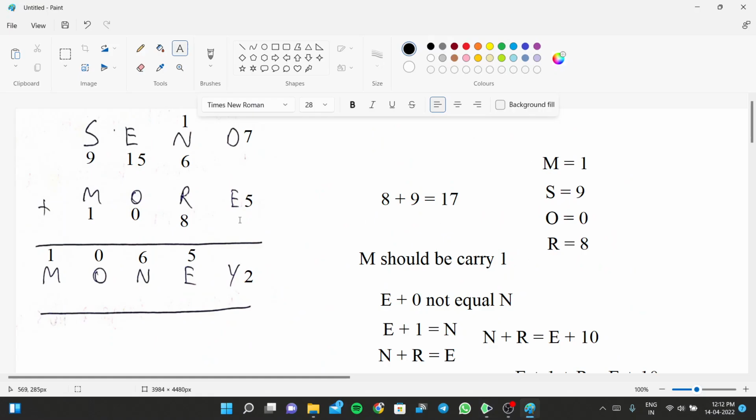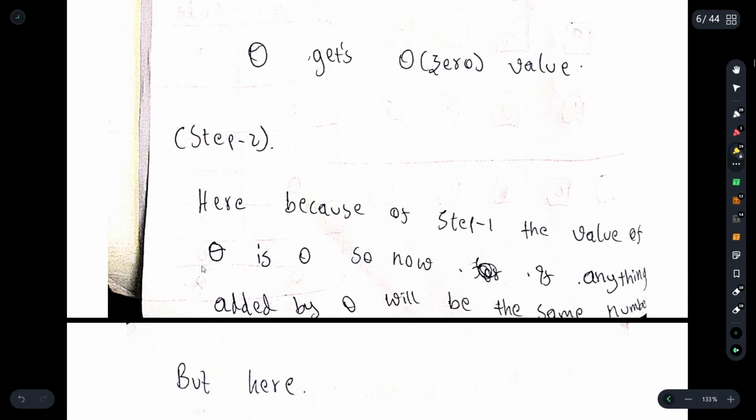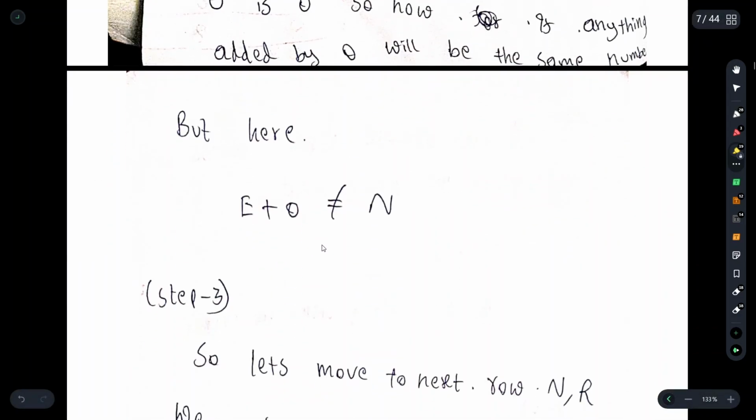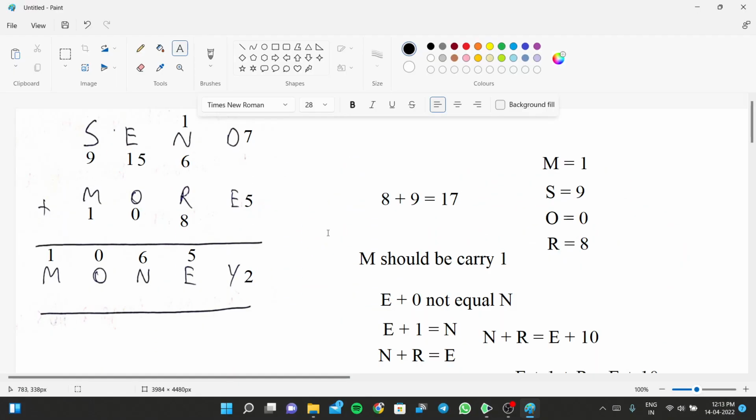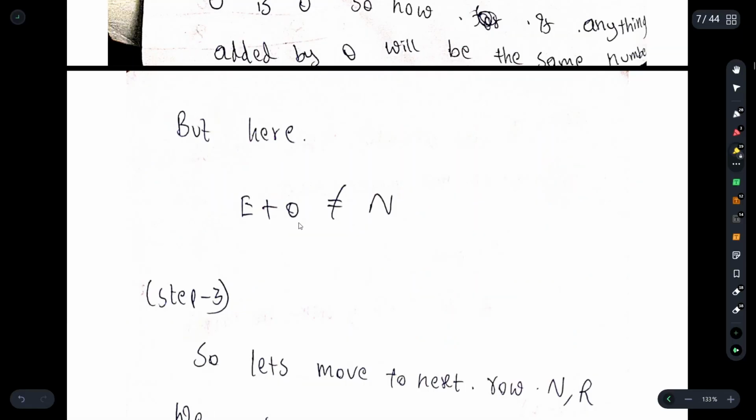So we can get the value of o as 0 here. Because of step 1, the value of o is 0. So anything added to o will be the same number. But e plus 0 cannot be equal to n, because e plus r equals n. So that is not possible.